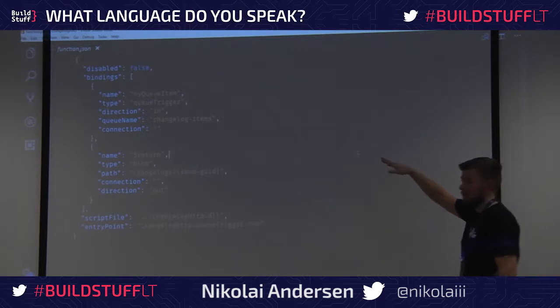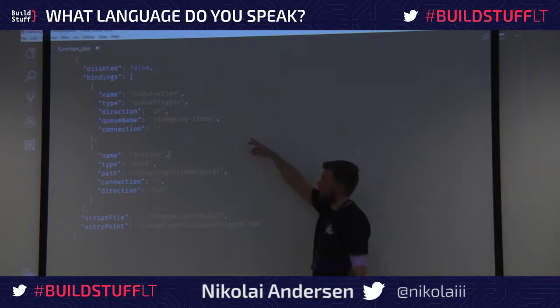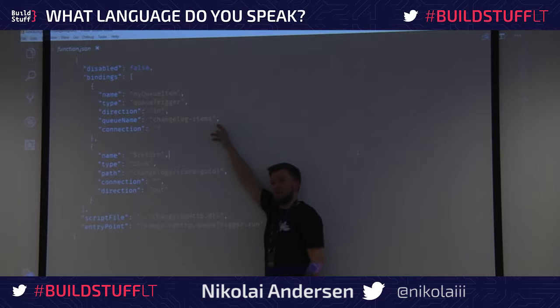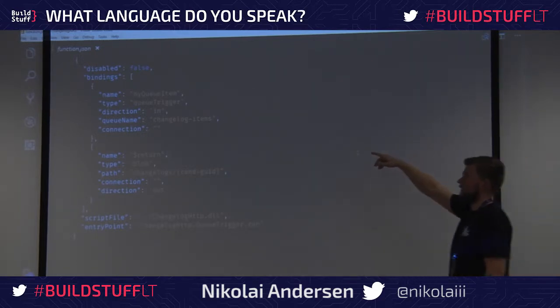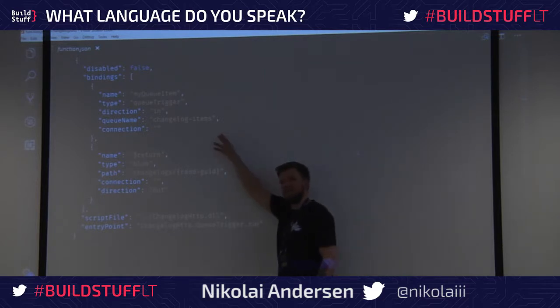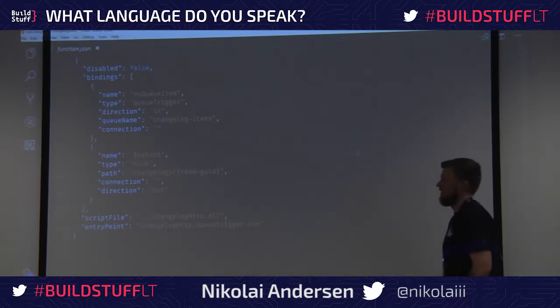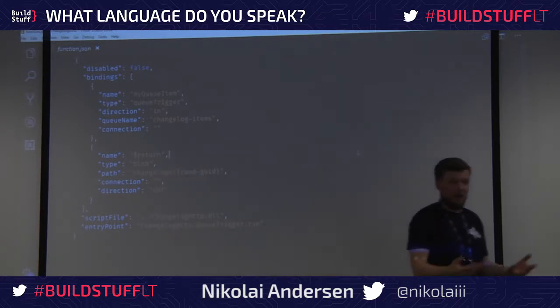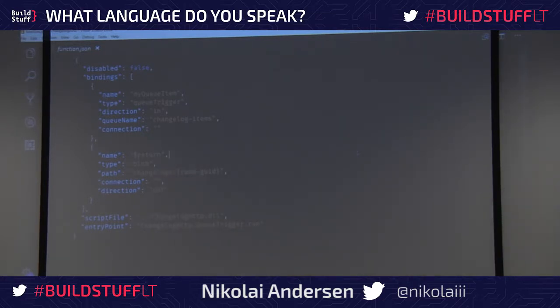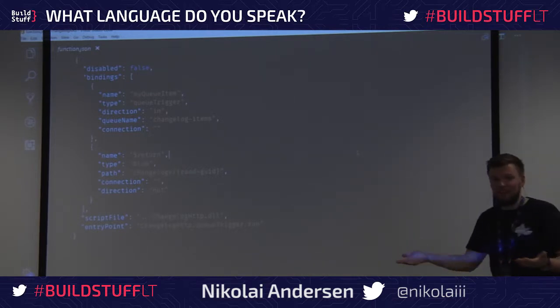So the same output that was on the previous one, this one takes as an input. When something arrives on the queue, this function will trigger and give that message as an input to this function. And it will return by saving it to a blob. So the only code I wrote here was a function that took in a message and just returns it as a string.